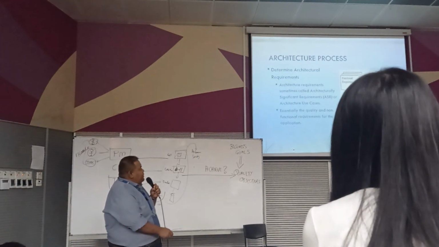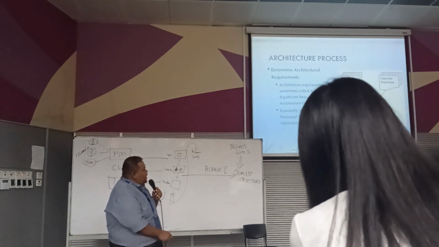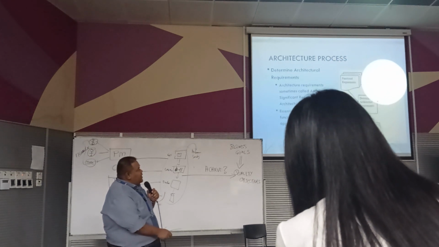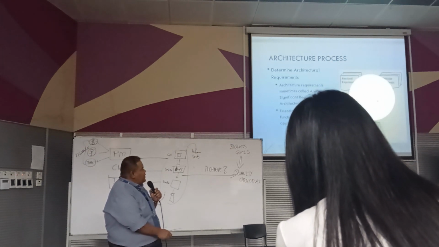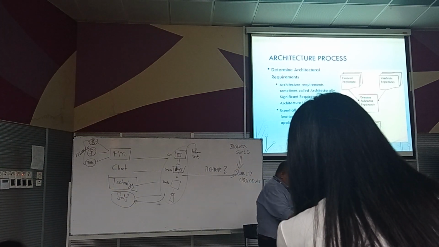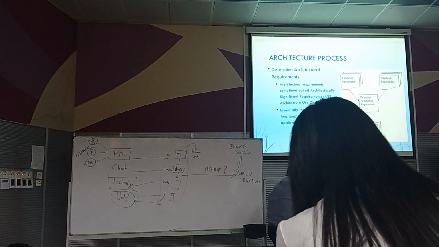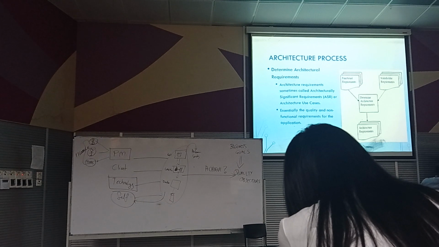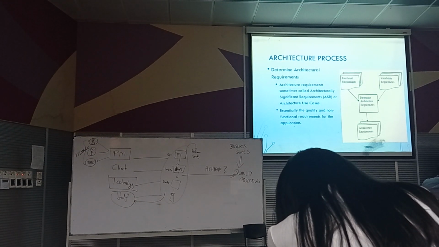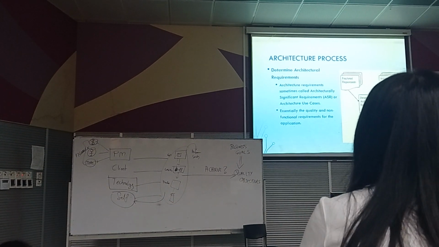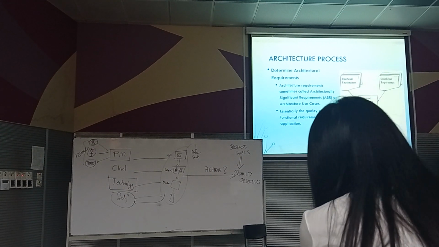From your SRS you have two items, functional requirement and stakeholder requirement, right? But what we want is just your non-functional requirement and software quality objective. So your architectural requirement consists of two elements, the non-functional requirement and quality objective.